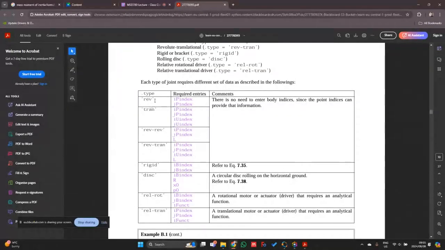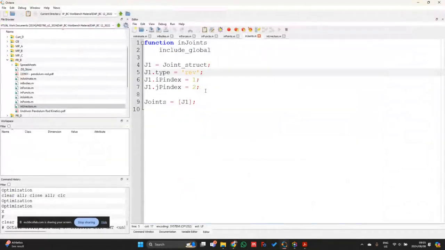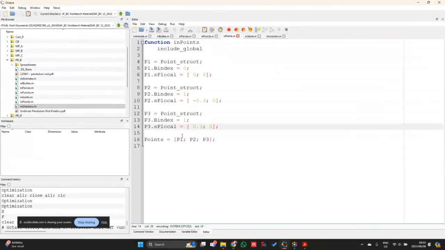Okay, in our case, since we're working with a revolute joint, we just need to specify the 2 points that we're working with. What is the point on the one body? What is the point on the other body? So if I go back to this file, once I specify the type as rev, then I can say j1.ip index is equal to 1. What I mean by that is the first point that I have over here on body 0, which is the grounded revolute point.